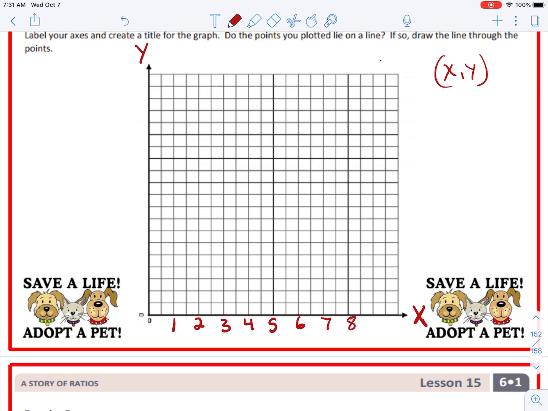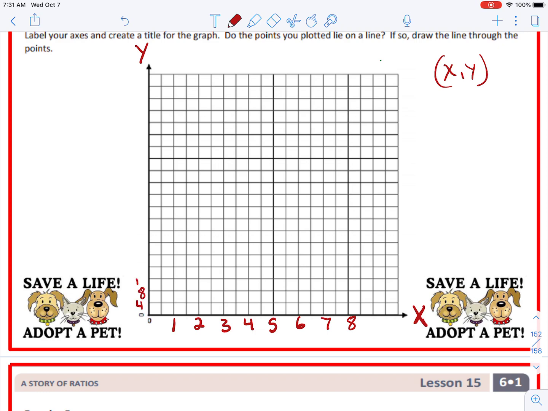Now, there's not 72 lines, so we can't count each line as 1, and we can't skip a line either. So to take advantage of the whole graph, I'm going to count each line as 4.